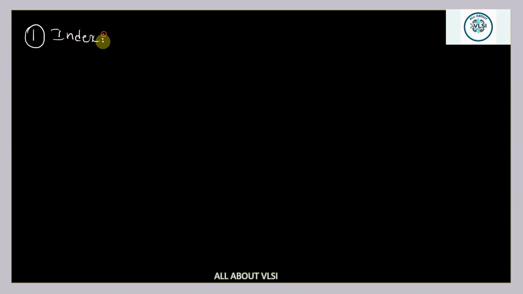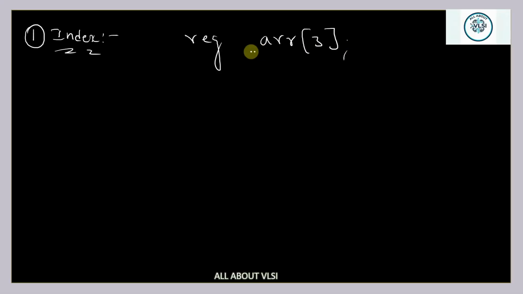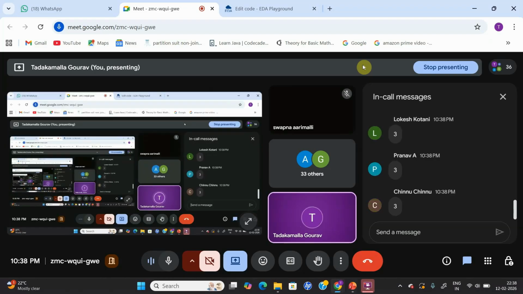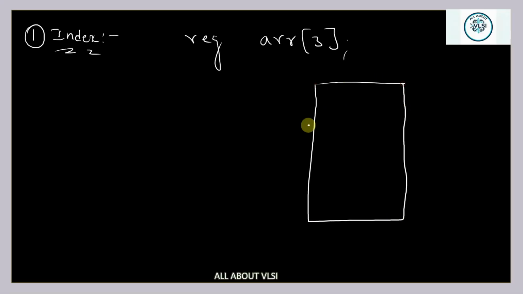I have one question. If I declare reg ARR of 3, how many locations will be created here? 3 locations. So 3 locations are created, with index 0, 1, 2.